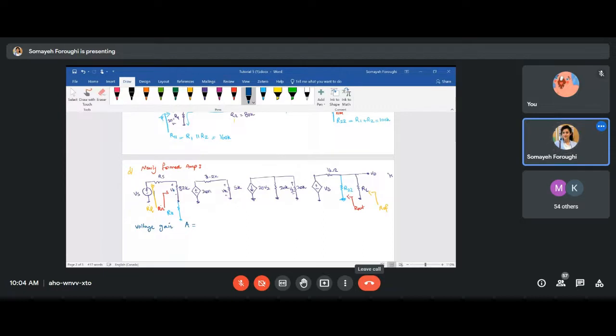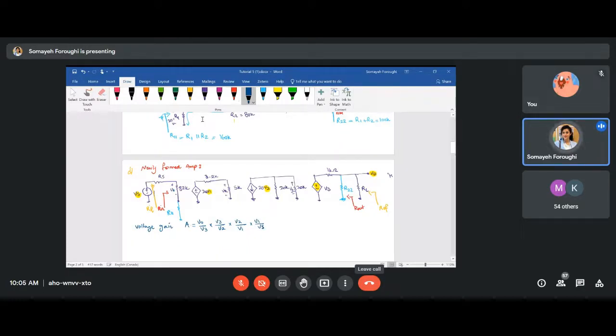I would say VO versus V3, V3 versus V2, V2 versus V1, V1 versus VS, and that's it. So I don't need these different properties. VO versus V3, V3 versus V2, V2 over V1, V1 over Vs. So let's find these one by one.